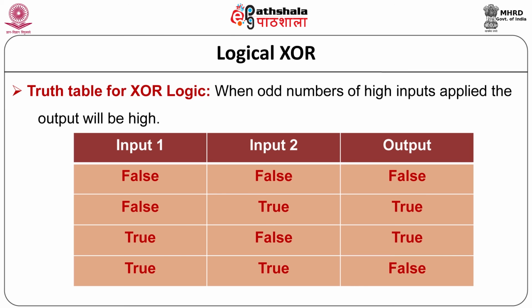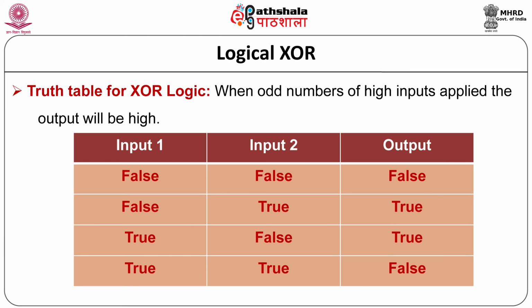Output is true when inputs are not equal, and output is false when inputs are equal. You can see in this truth table, instead of writing operand 1 and operand 2, here I have written input 1 and input 2. When input 1 and input 2 are false, output is false.